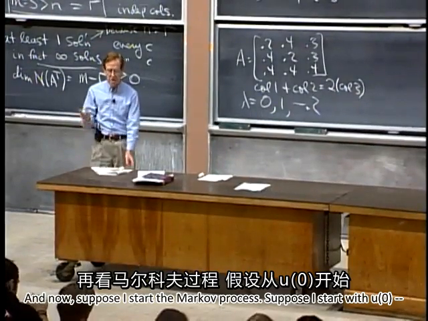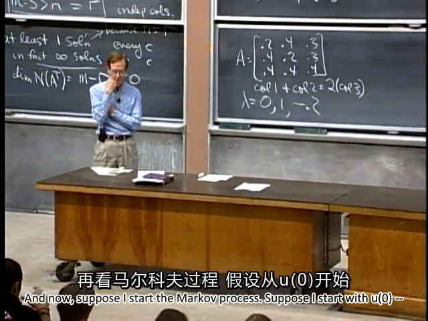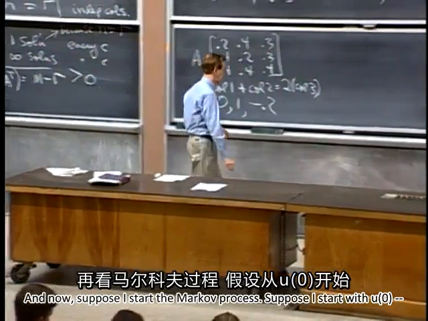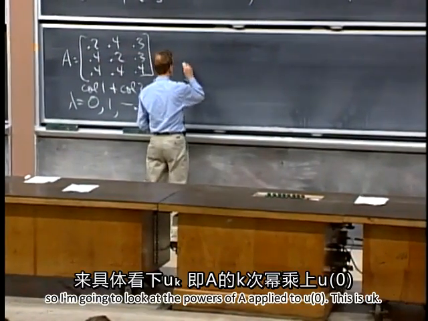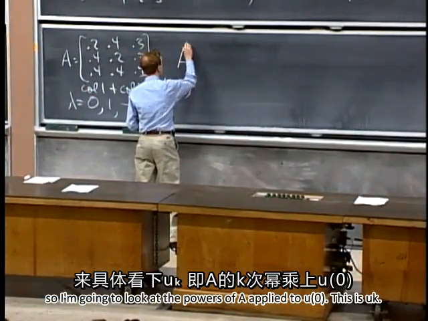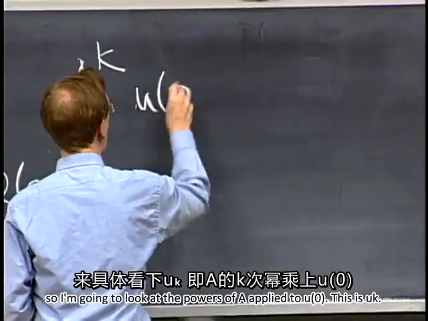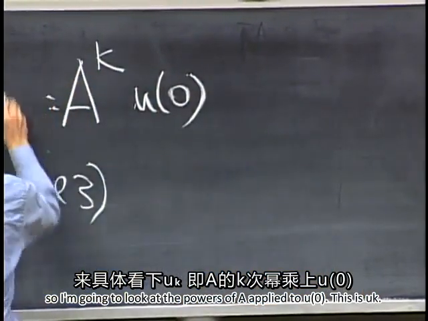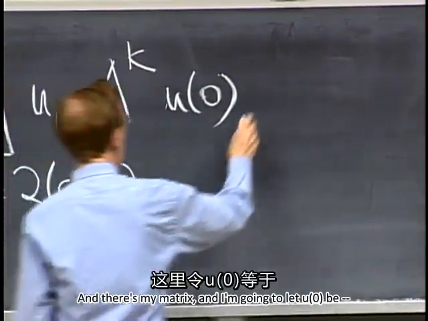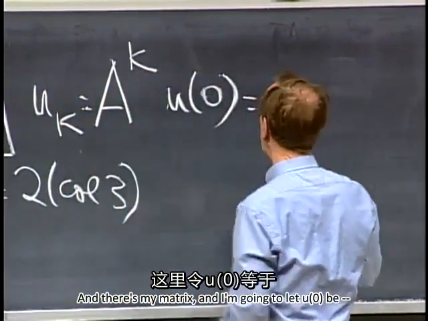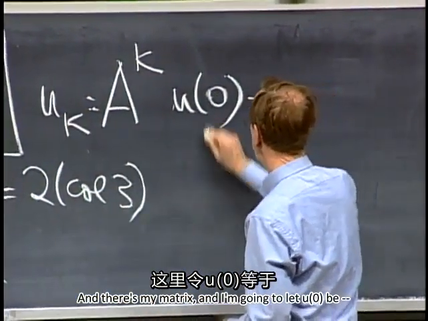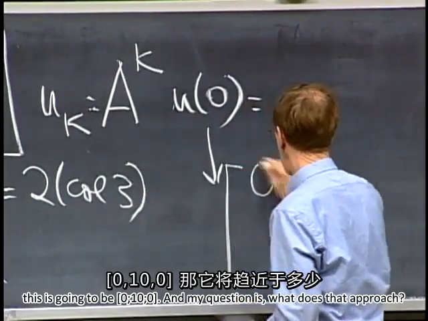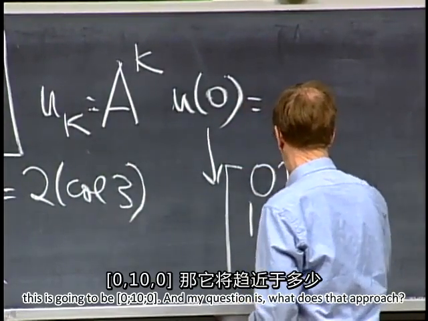Okay. And now, suppose I start the Markov process. Suppose I start with u of 0. So I'm going to look at the powers of A applied to u of 0. This is u k. And there's my matrix, and I'm going to let u of 0 be 0, 10, 0.